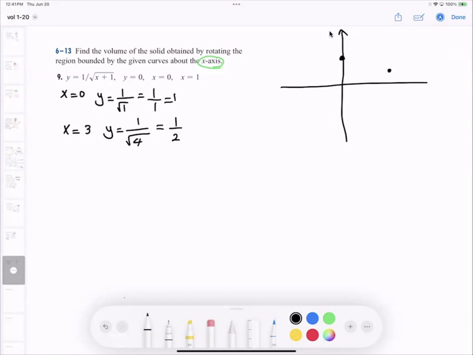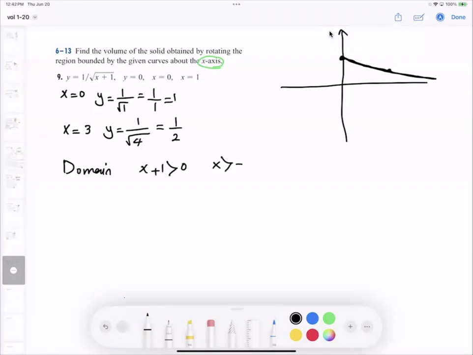What if I plug in a negative value? Well, if I plug in -1, I get 0 in the denominator, which I don't like. If I plug in some more numbers like 8, you get 1/3 and so on. So it seems like my graph behaves like this. I'm trying to make sense of the behavior of this graph. And remember the domain of this function: x plus 1 must be more than 0.